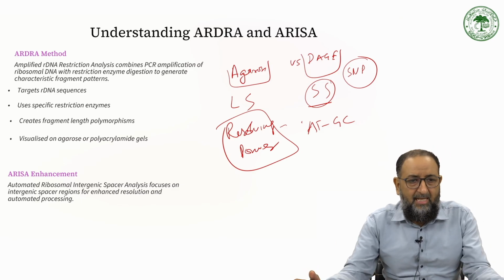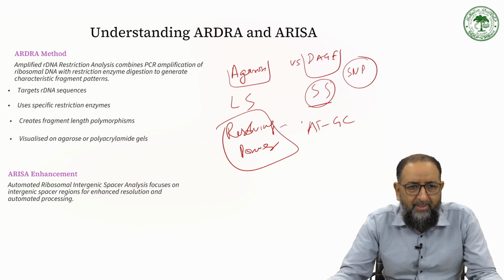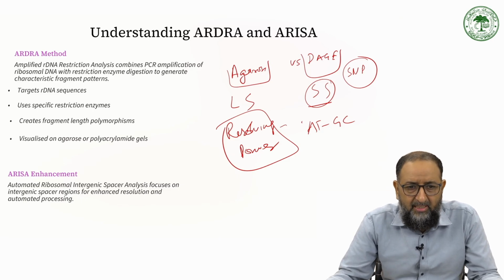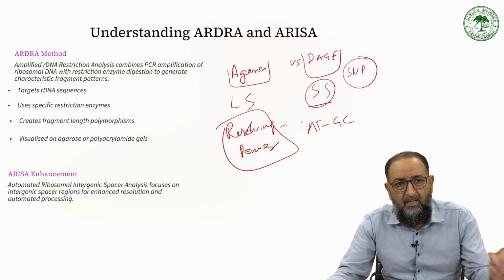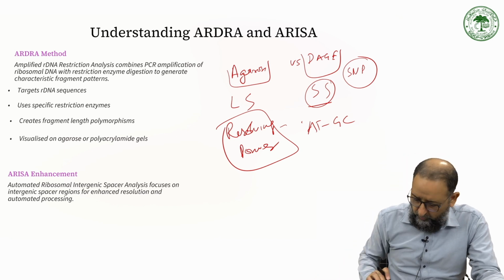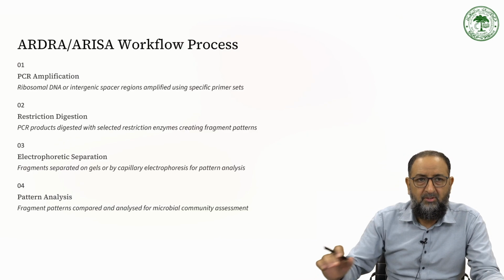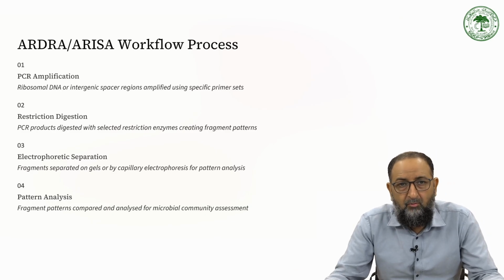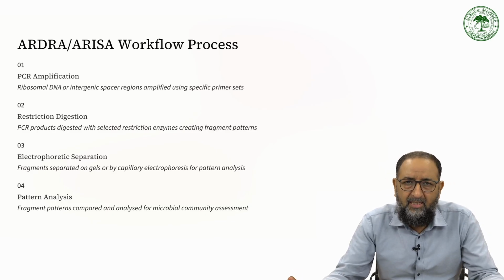Now, ARISA, automated ribosomal intergenic spacer analysis, focuses on the intergenic spacer region for enhanced resolution and automated processing. Similar to the ARDRA method, ARISA is also one of the powerful tools we can use to identify different markers.